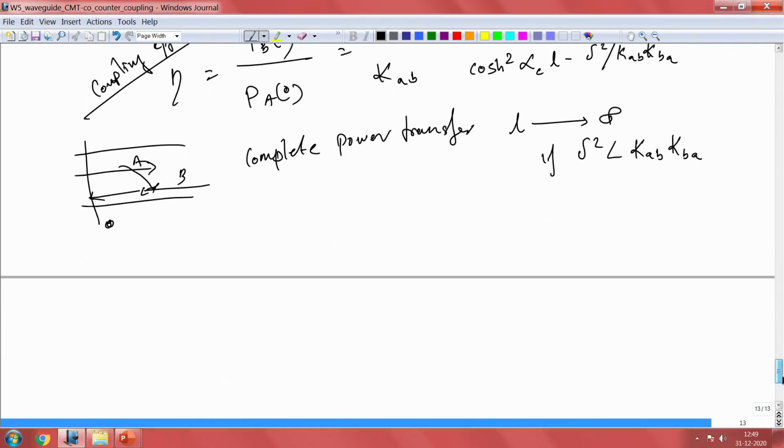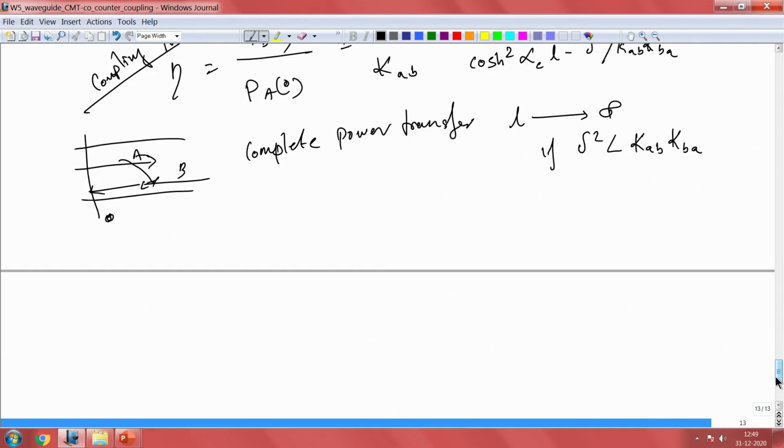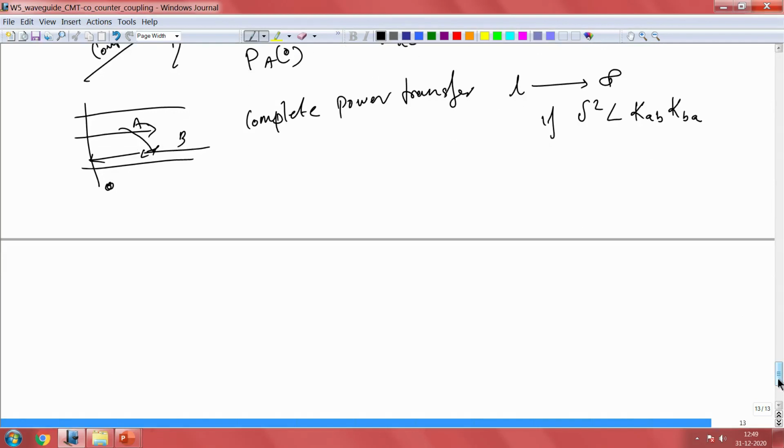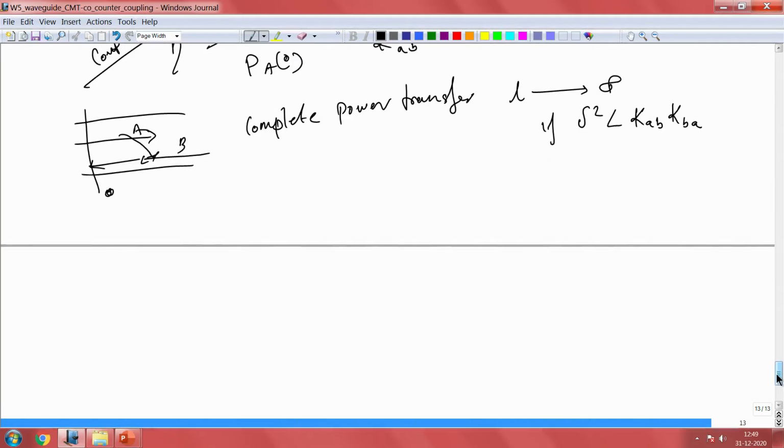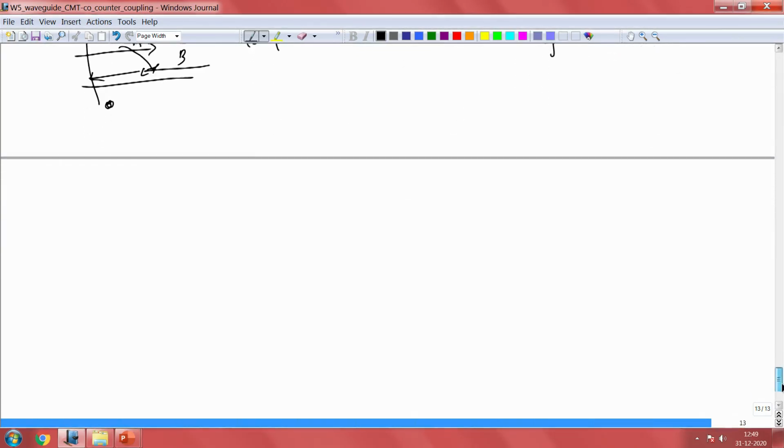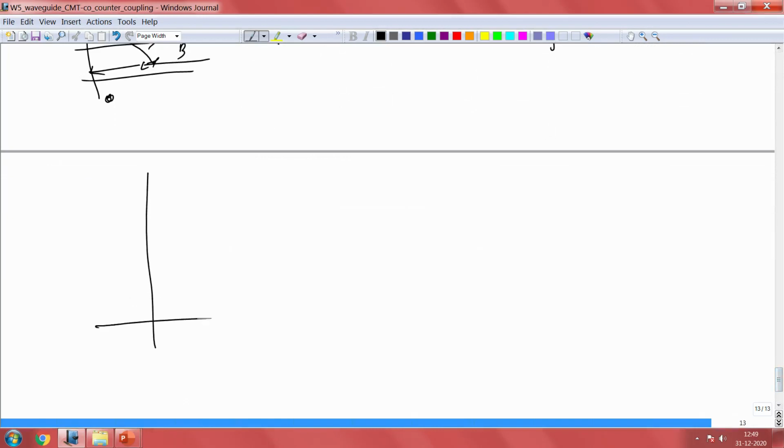Similar to co-propagation, let us look at how the coupling is going to happen as a function of length. We talked about length L where you would have complete power transfer. So, let us look at power coupling qualitatively here as a function of L. This is L and this is L by 2, let us say, and this is when delta is 0, and you start from 1 and this is 0.5.